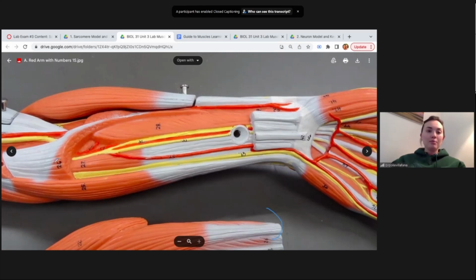And as you see, this part here is still number 26. What it's showing you is that the flexor digitorum superficialis used to be here, and then it was cut away. So this is the rest of the flexor digitorum superficialis. And then underneath, we have your flexor digitorum profundus.